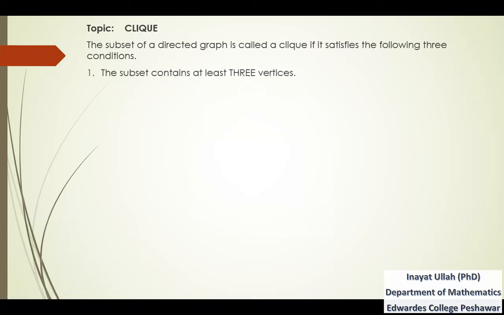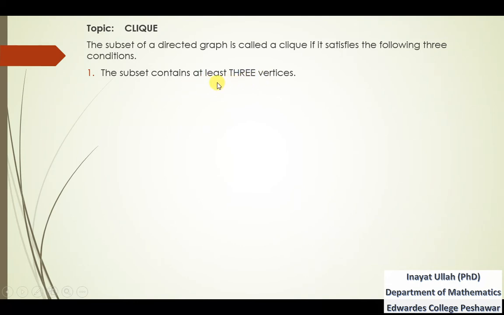The first condition is the subset contains at least 3 vertices. Remember that for a clique, if you take a subset of a directed graph, the number of those vertices must be at least 3.